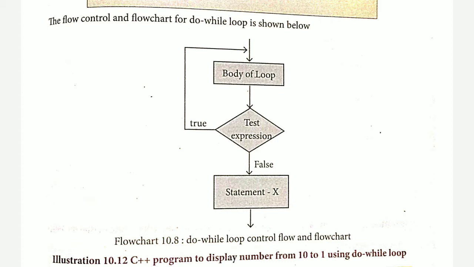But in the while loop, if the test expression is false, then it will never execute the body of the loop. So this is the difference between while loop and do while loop.